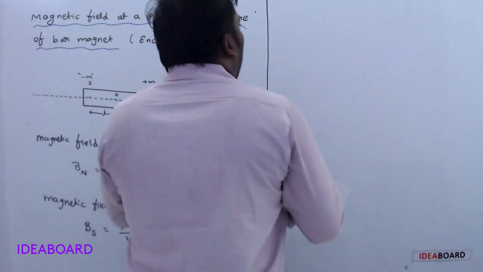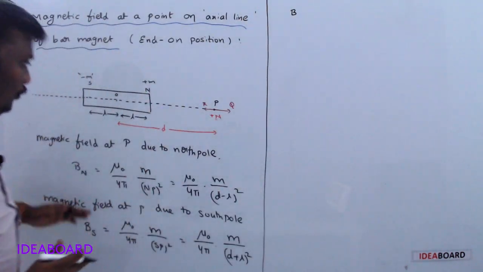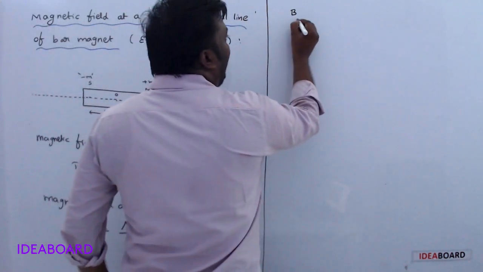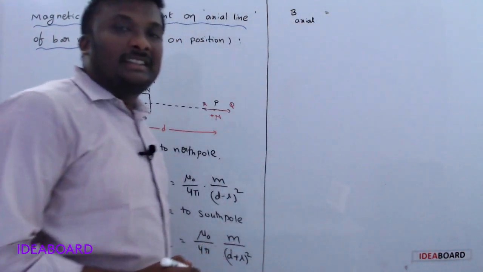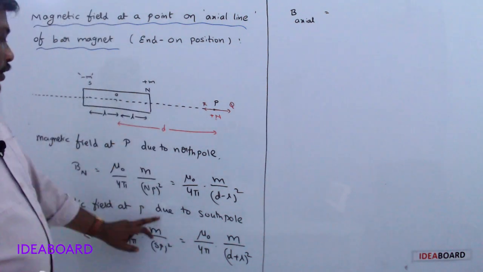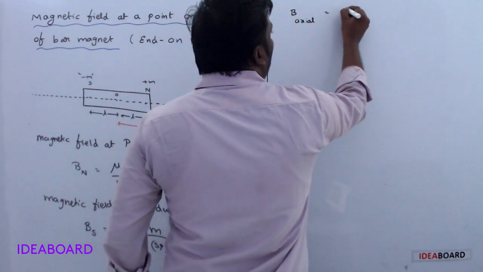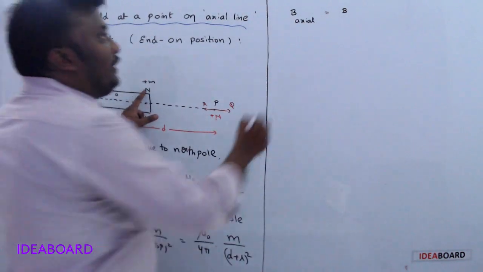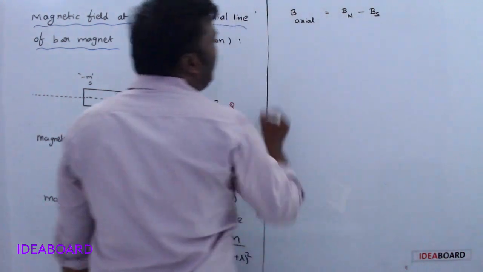That's why the net magnetic field induction due to these two magnetic fields is called B axial. This is the equivalent magnetic field due to these two magnetic fields. So for B axial, the north pole effect is more, hence Bn minus Bs.